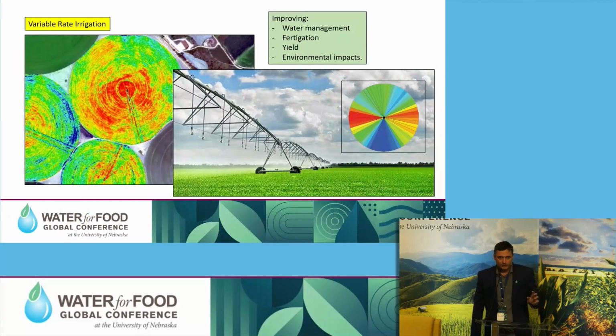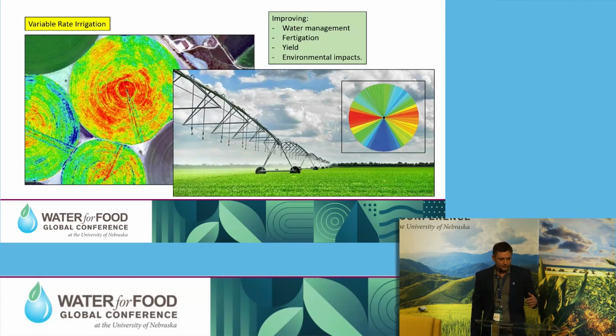The good thing about SETMI is that you can use it also for variable rate irrigation, because SETMI gives you the irrigation prescription, the irrigation recommendation, pixel by pixel, right? And if you have a center pivot equipped with VRI, a variable rate irrigation system, you can use SETMI for irrigation scheduling to cover all the center pivot variability, right?